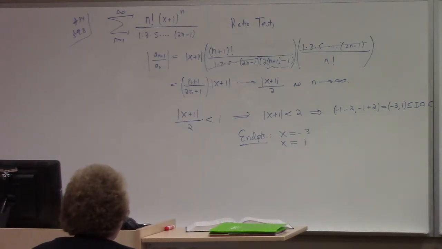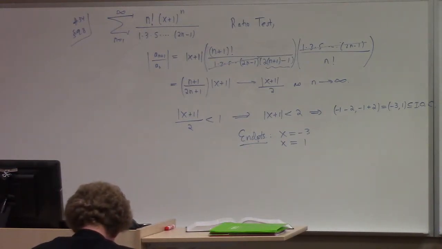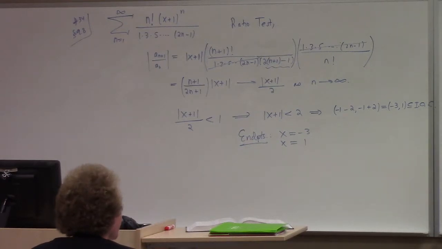Oh, this one's, you stupid n factorial. Oh, I see. I thought, well, this is easy, obviously. But this is 2 to the n.